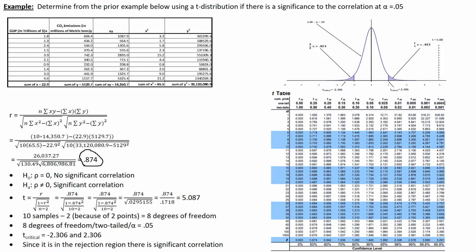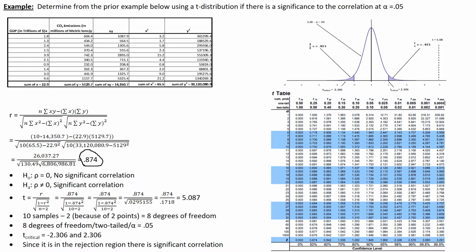So we want to figure out, with hypothesis testing, is it significant at 0.05? Let's figure out our t first, our t critical. Well, r is 0.874 in the numerator over the square root of 1 minus 0.874 squared over n minus 2, which is 10 minus 2, which is 8.